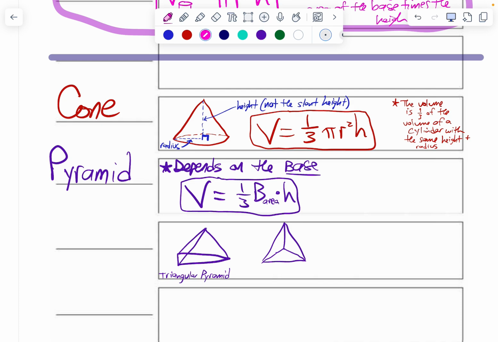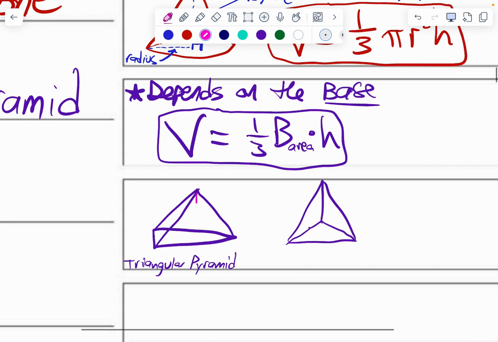Okay, anyway, for this, the height is still going to be perpendicular to the base. It's not the slant. It's the perpendicular to the base. But our base is a triangle, and what do we need to find the area of a triangle?